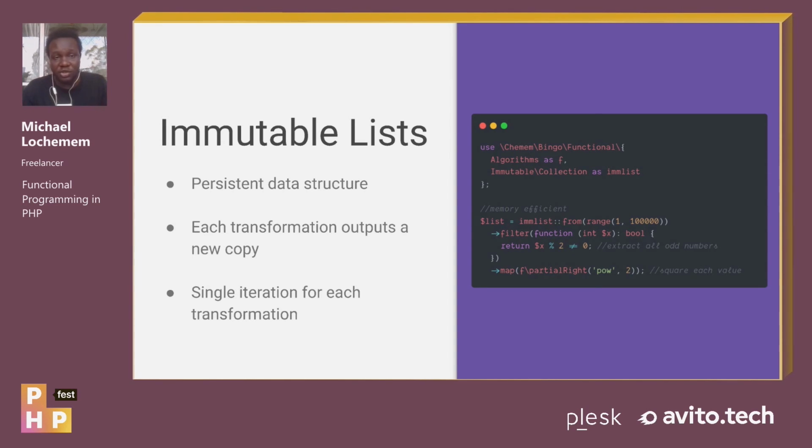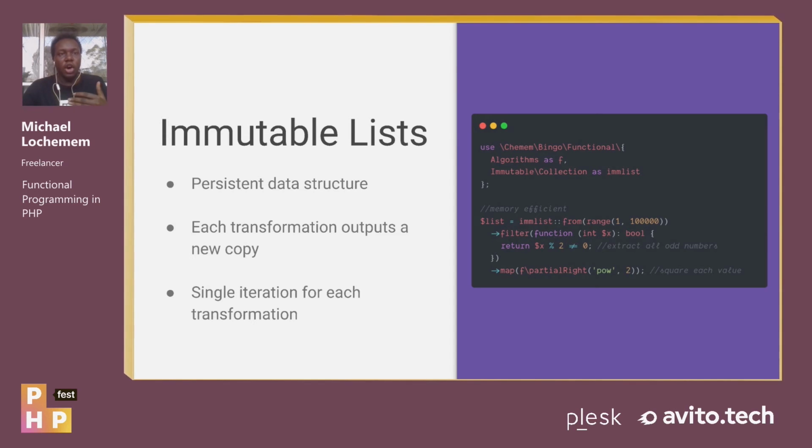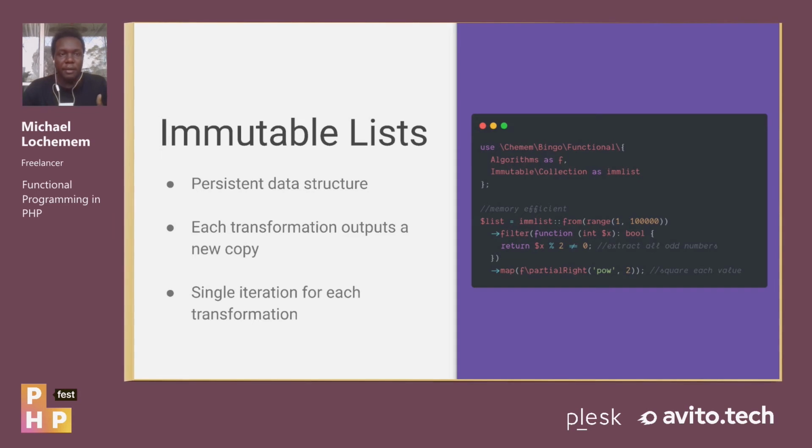And then you have immutable lists, right, which are persistent data structures that create new copies of list data on each transformation. So again, with the ethos of persistence, whenever you have a persistent data structure, it returns a new copy.